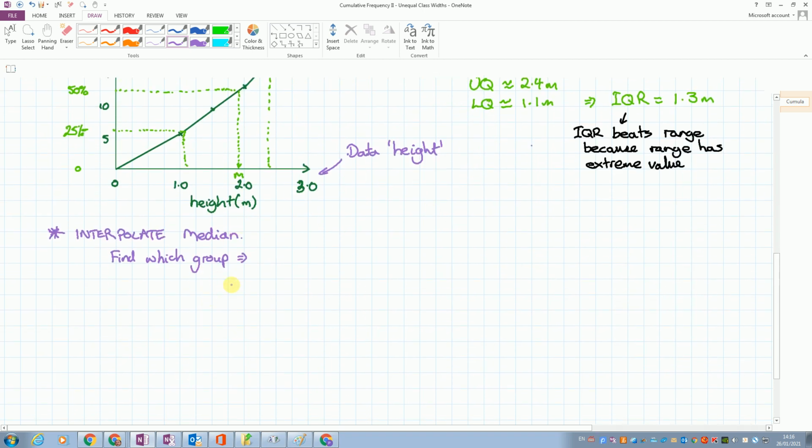So if we look at 1.5 less than x less than or equal to 2.0, the group above it was 9, and the group here was 13, and that was 1 less than x less than or equal to 1.5. So we know the endpoints of these two parts of the graph. So we have a straight line.